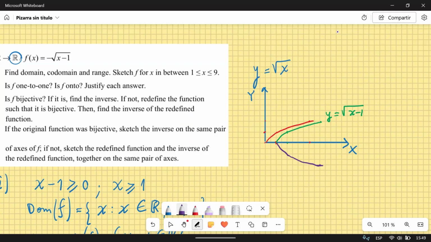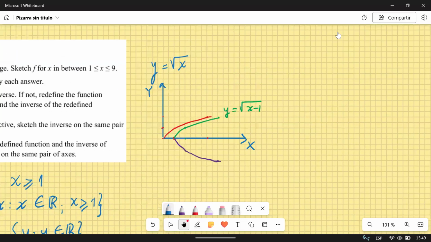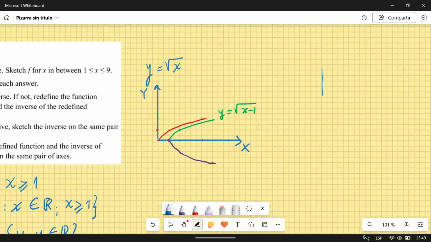It says for x in between 1 and 9, so I should add the value for x equals 9, but I will do the table of values for practicing. If I construct a table of values, maybe it is easier if you don't remember the properties of the translations and reflections.